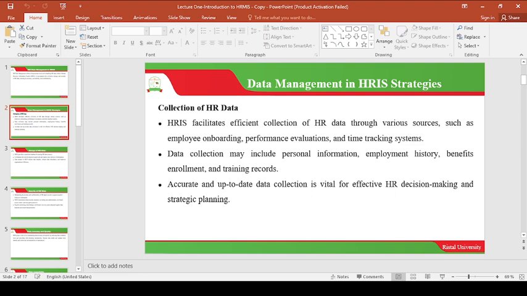So accurate and up-to-date data collection is vital for effective HR decision making and strategic planning. So basically, that is strategy number one. It's all about collection of human resource data. So remember, the data here is basically related to the employment, related to academics. Things to do with the personal life, you don't need to collect them.